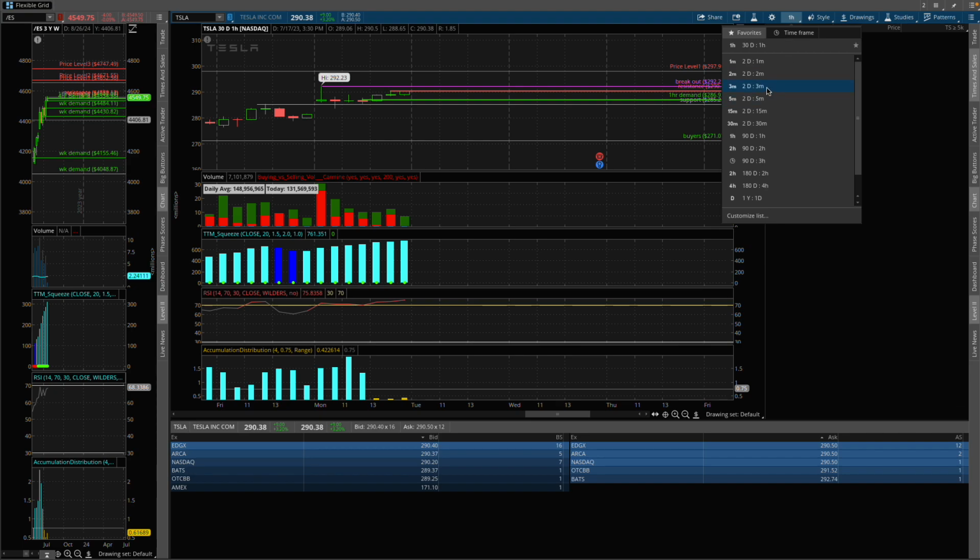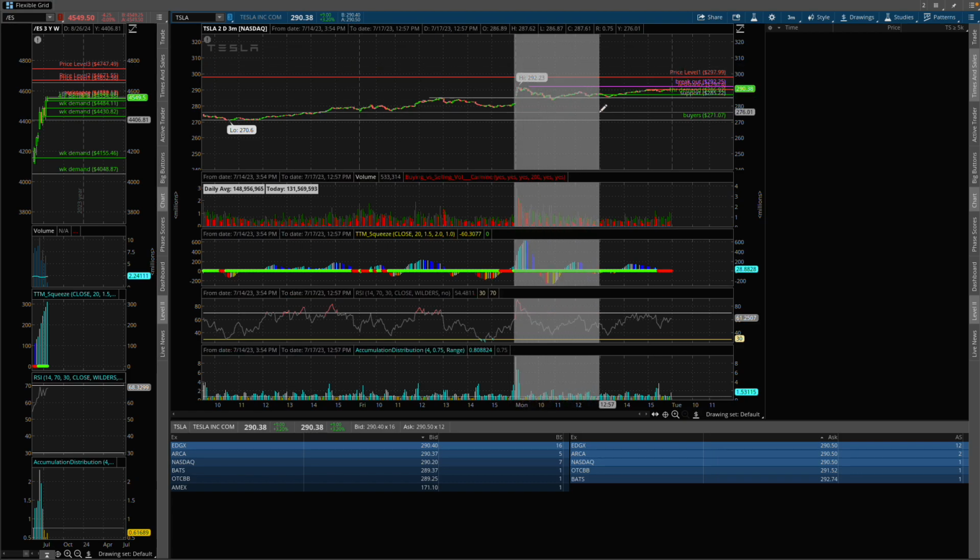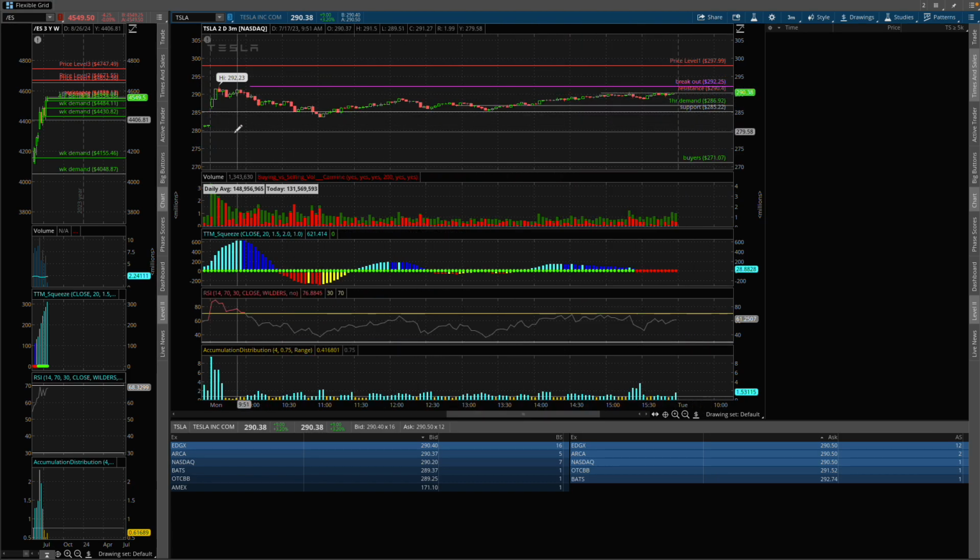Let's move forward and really see what I need to see in these areas to take a potential trade. So let's move to Monday morning where we really had the price action that gapped us up above this previous resistance area, 285.